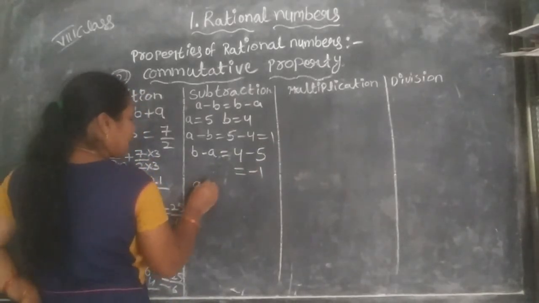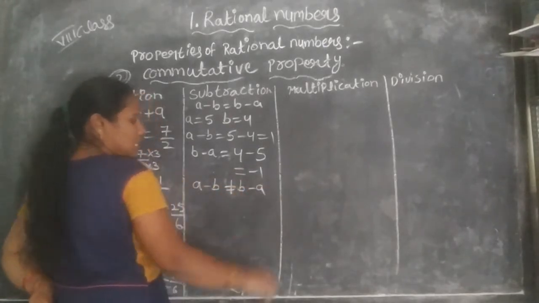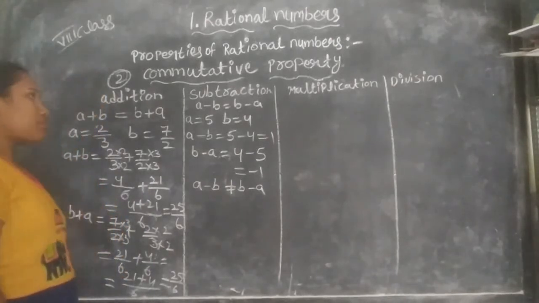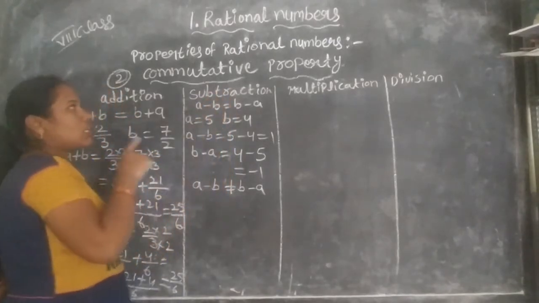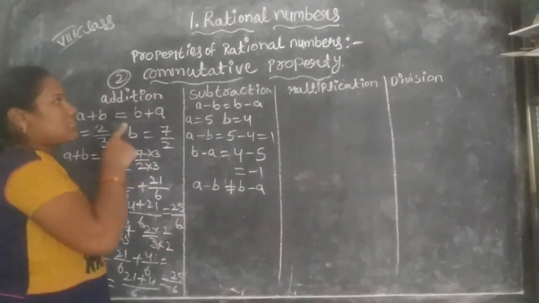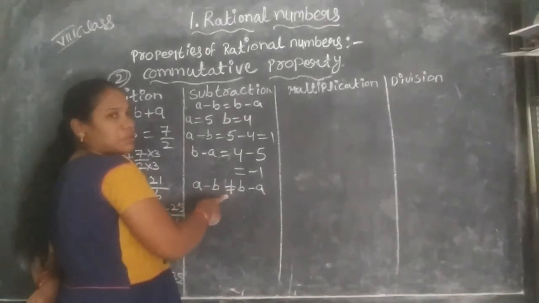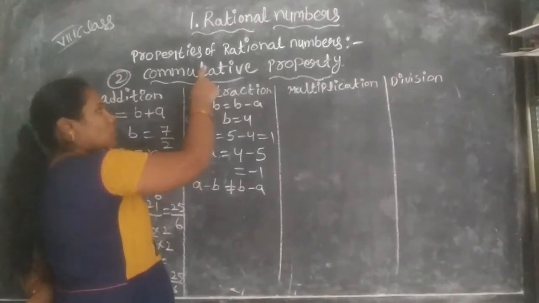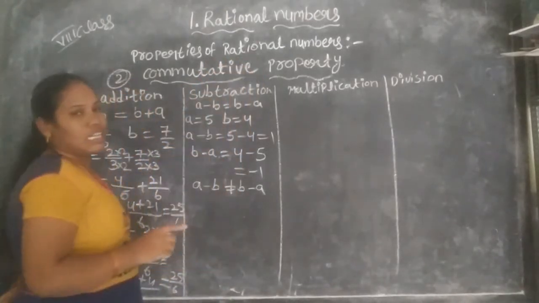It means A minus B is not equal to B minus A. So subtraction is not commutative on the set of rational numbers.